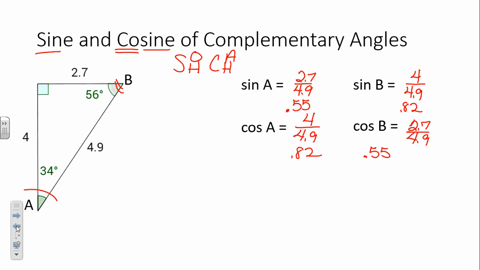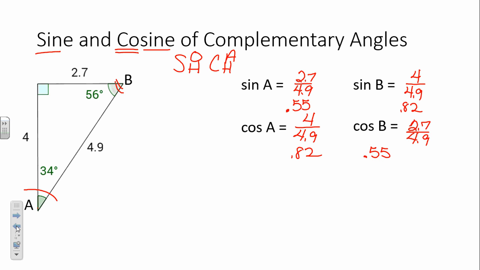They're co-functions. Co for complementary. So whatever you have for the sine of A is going to be the same thing as the cosine of 90 minus A. And whatever you have for the sine of B will be the same value as the cosine of 90 minus B.